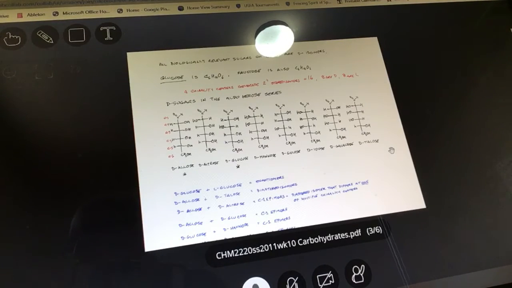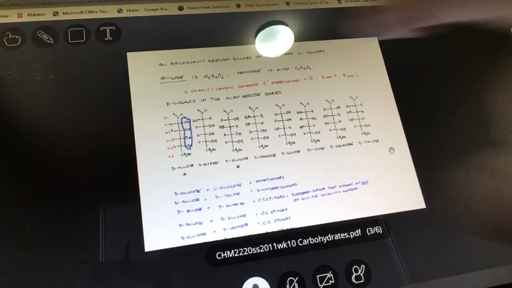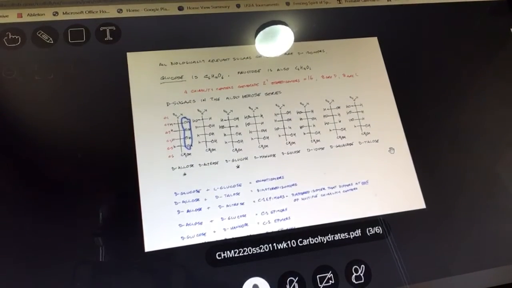So if I look at allose, this is allose. Right now I'm putting a blue, is that showing up? Yeah. I just looped all of the alcohols in allose. I put them all in a blue loop.